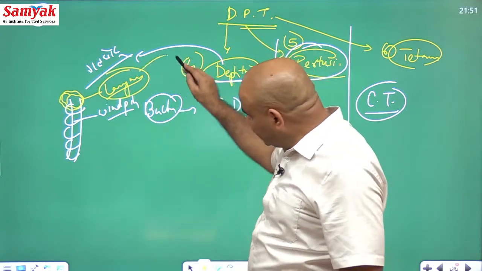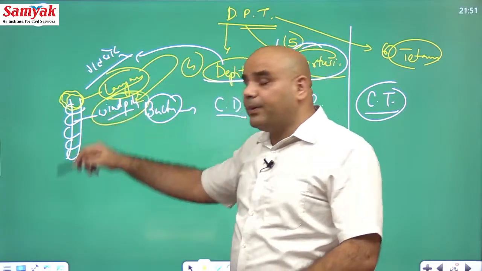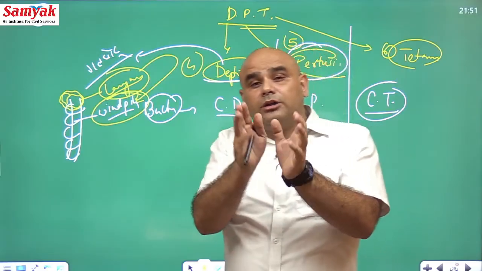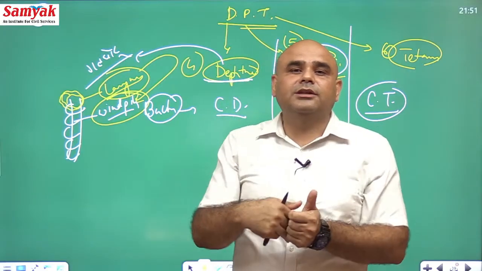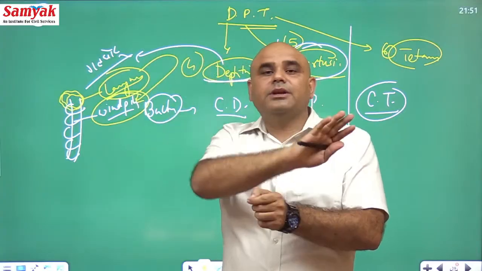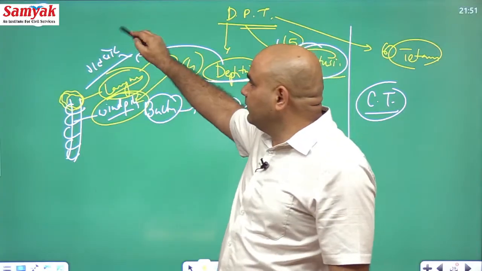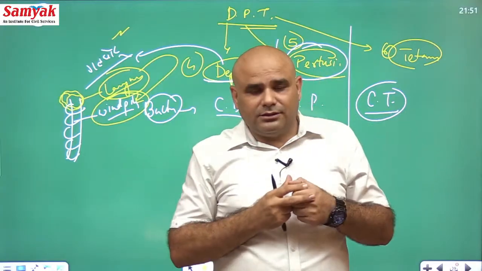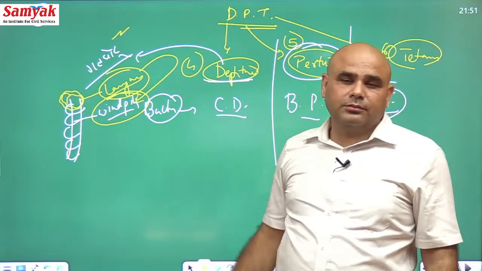Because of the inflammation, your windpipe will be blocked, and your body will not be able to breathe in. As a result, gaseous exchange will be hindered. That's why the patient feels like someone is pressing his throat area. That's why it is named galghotu.